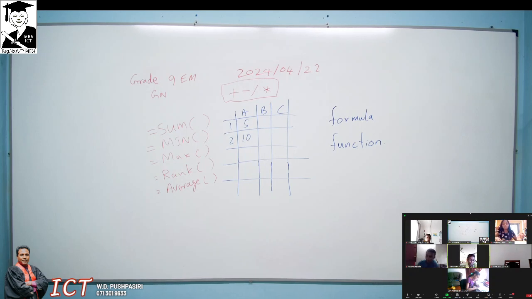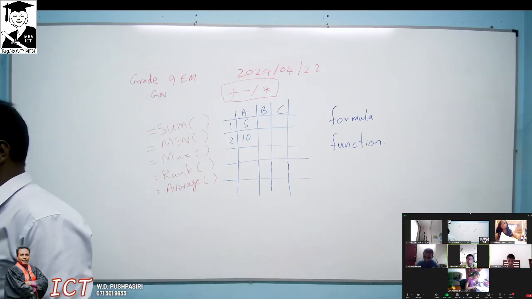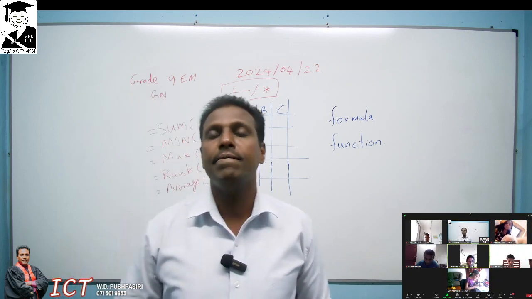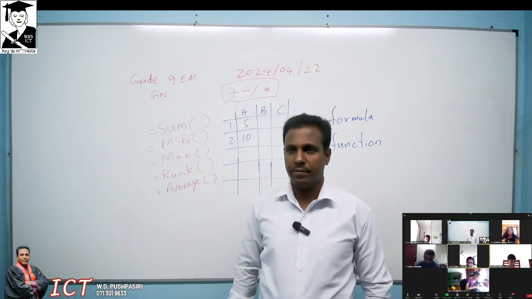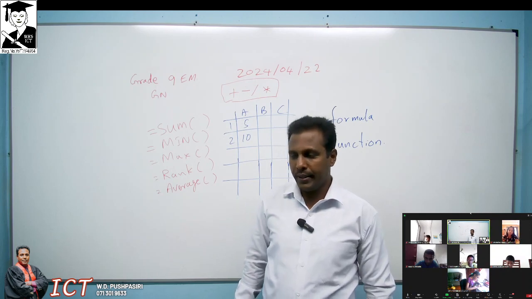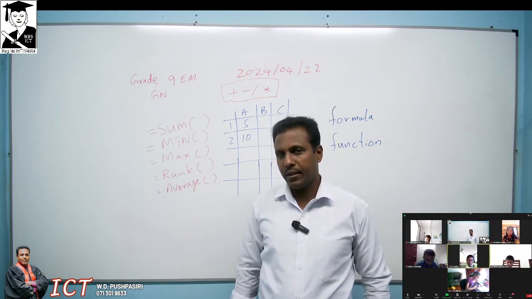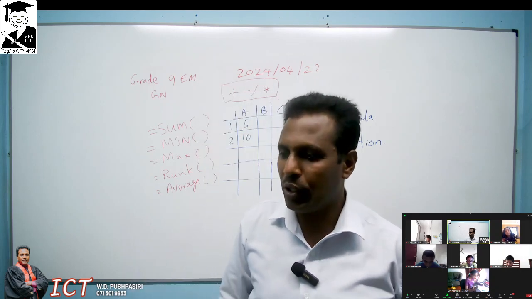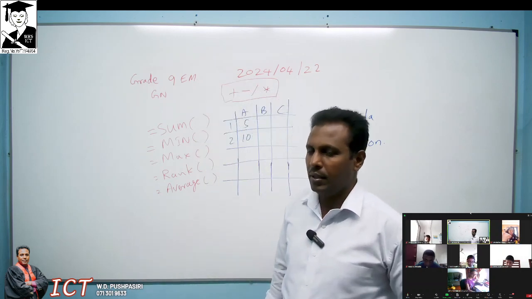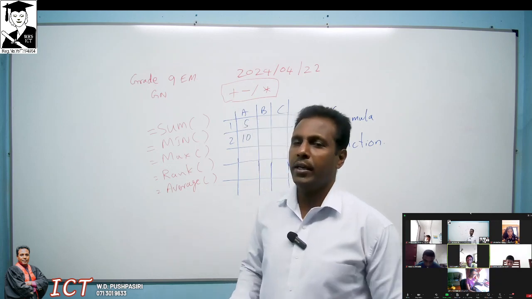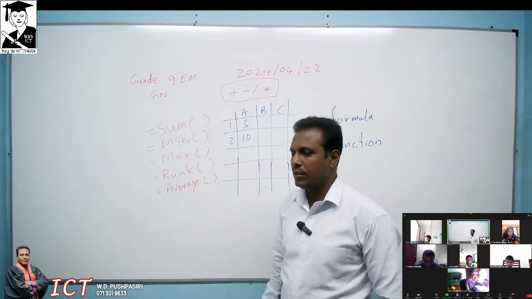First one is formula: a set of mathematical operations that is input by us into the taskbar is known as formula. Just read again. A set of mathematical operators that is input by us into the... That is not called the taskbar.